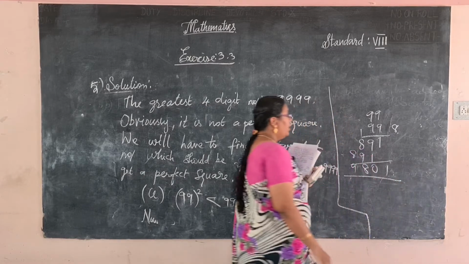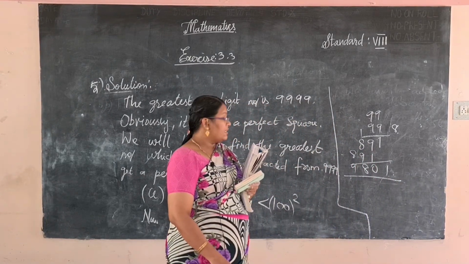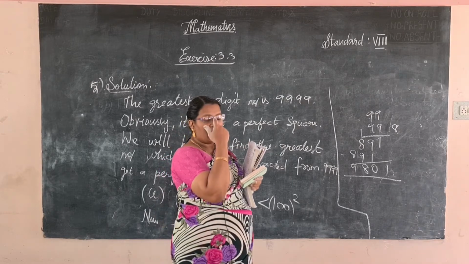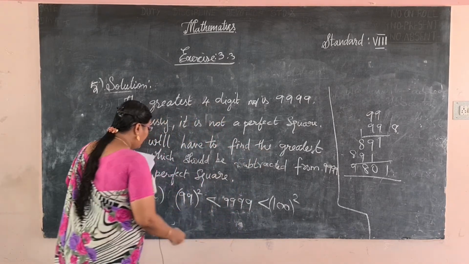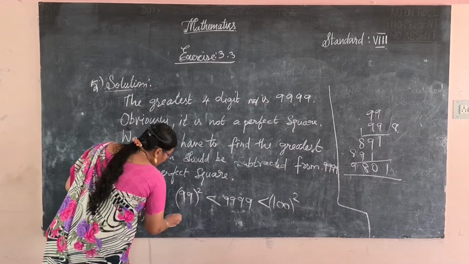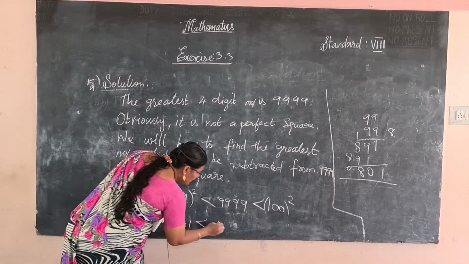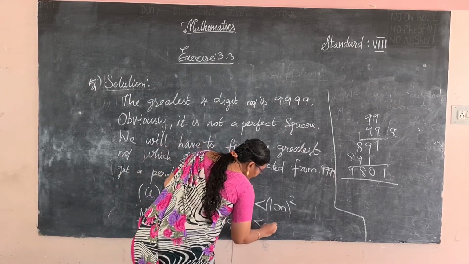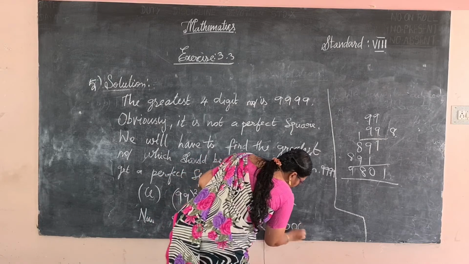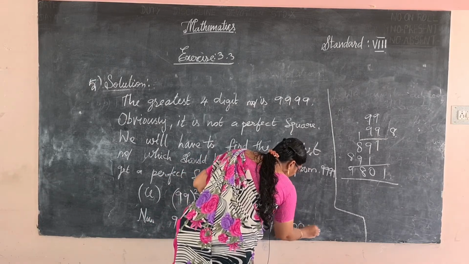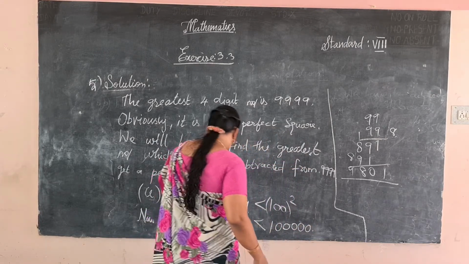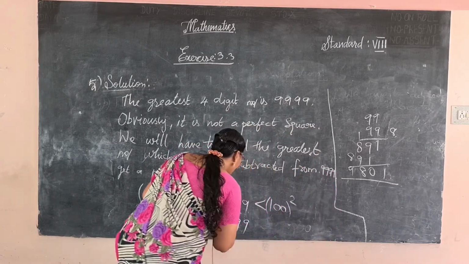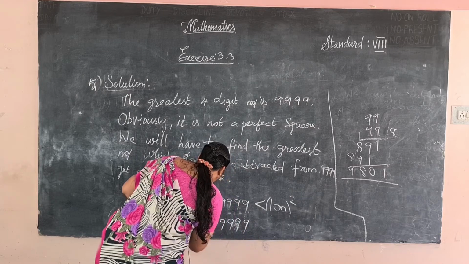The value of 99 into 99 is 9801. So 99 squared, 9801, is less than 9999.